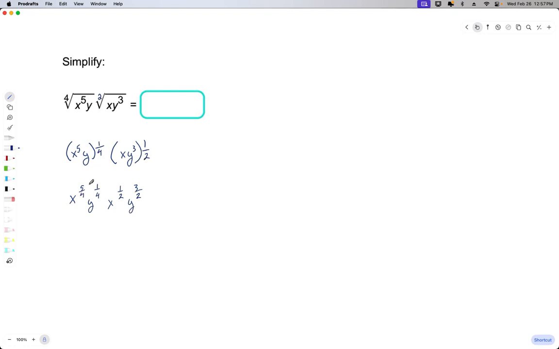The easiest thing to me is going to be to multiply these by 2 over 2. So we change our denominators. We end up with x 5 over 4, y 1 over 4, and then 2 times 1 is 2, so x 2 over 4, and then y 2 times 3 is 6, so 6 over 4.